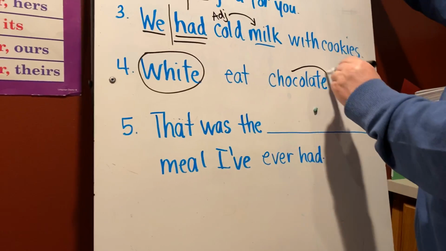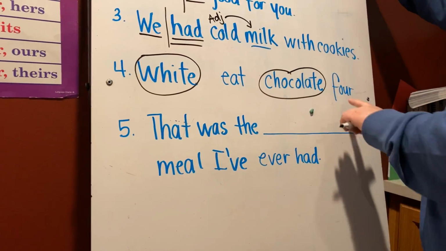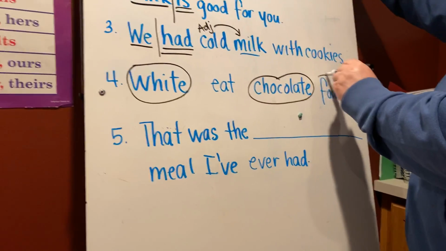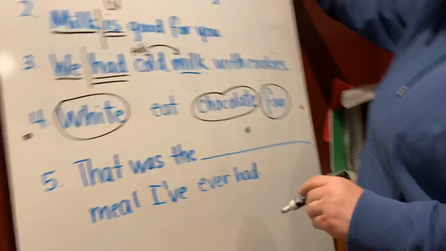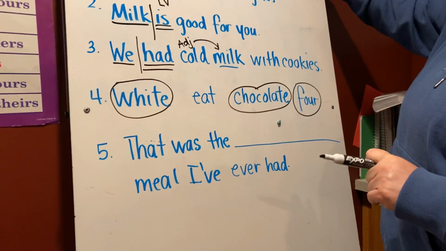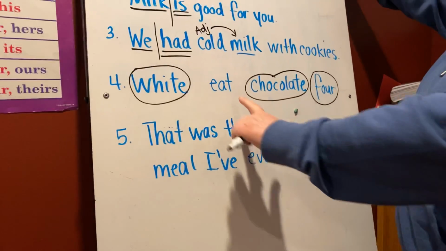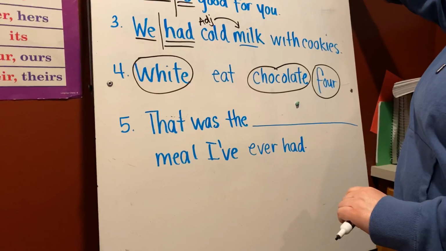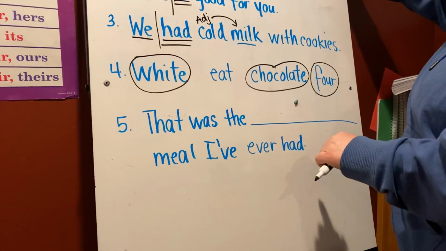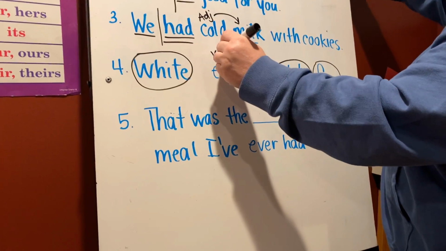Chocolate is an adjective. It could describe your ice cream or your candy bar. Four is an adjective that could describe how old your brother or sister is, or how many times you went down the slide at recess. Eat is not an adjective. What part of speech is eat? Eat is a verb.